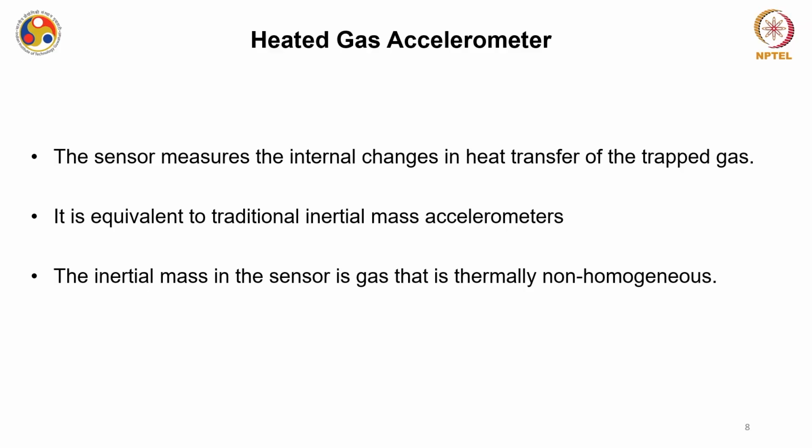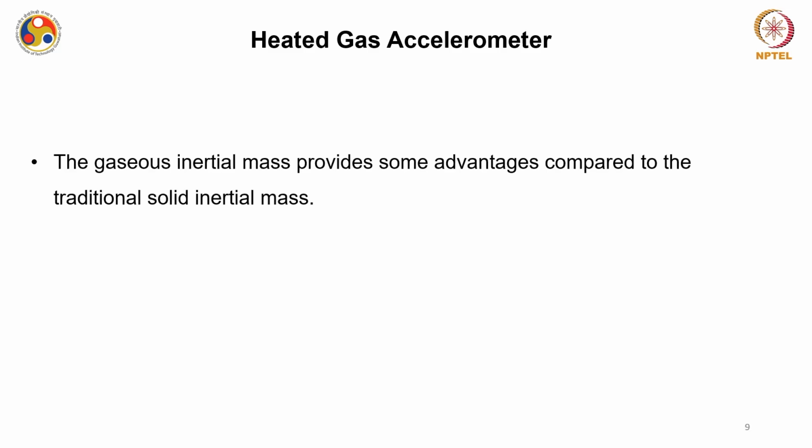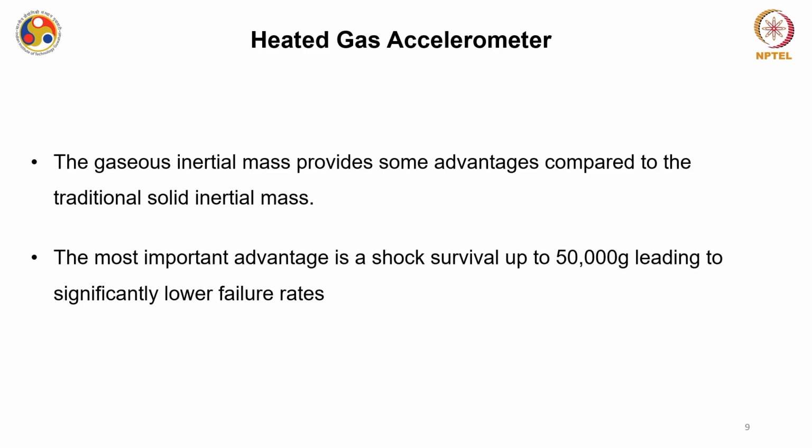So, this inertial mass that I am talking about, these gases, are thermally conductive, but at the same time thermally non-homogeneous in nature. The gaseous inertial mass provides some advantages compared to the traditional solid inertial mass. Although it looks very similar, in place of using a solid mass you are using a fluid in the form of these gases, but the advantage of this kind of device is tremendous.